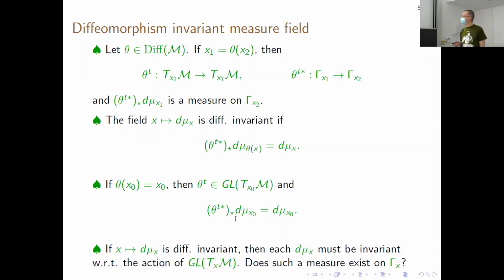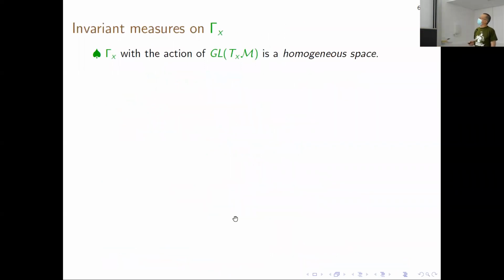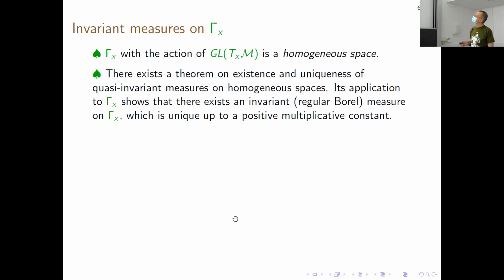And now there is a question, does such a measure exist? It is not obvious. Okay, so it turns out that this set of scalar products, together with the natural action of this group, is a homogeneous space. Fortunately, there is a theorem on existence and uniqueness of so-called quasi-invariant measures on homogeneous spaces.